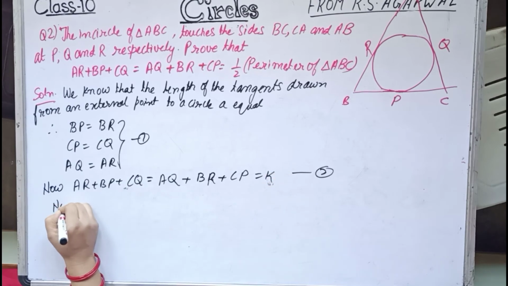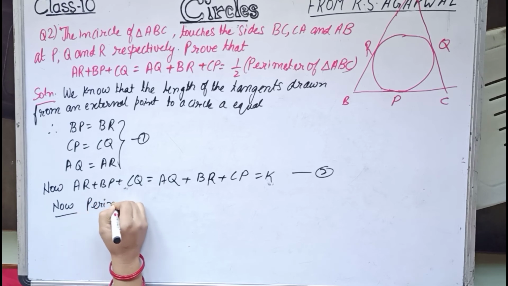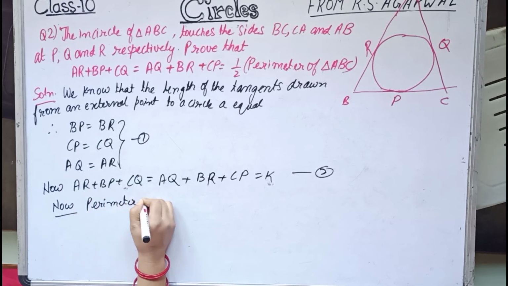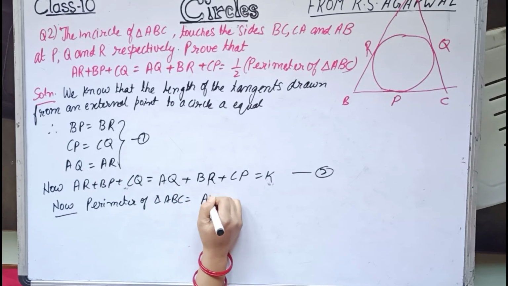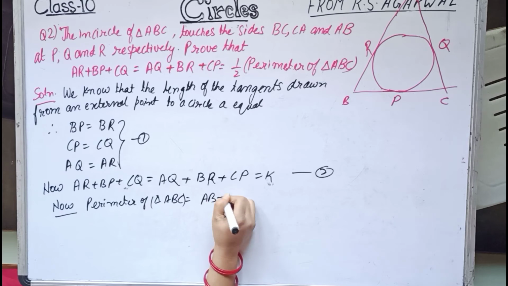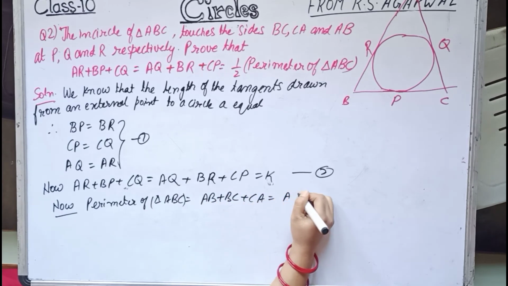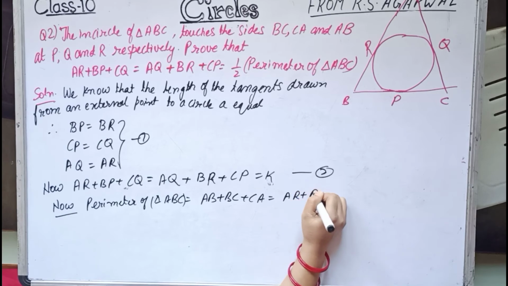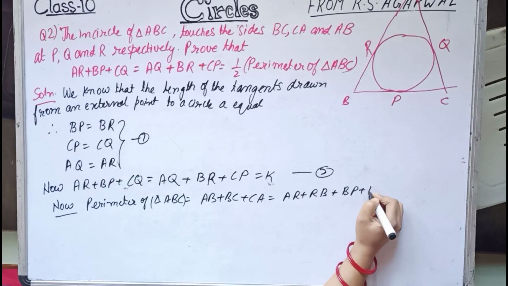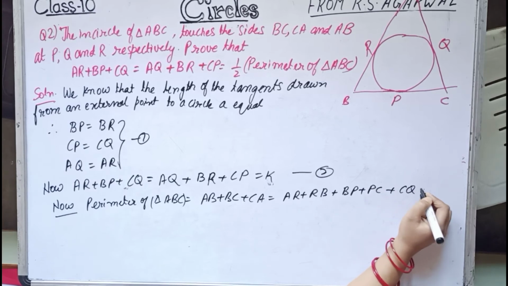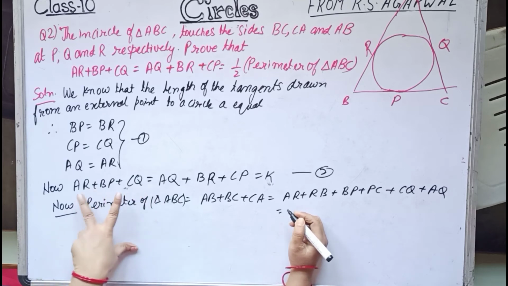Now perimeter of triangle ABC equals AB plus BC plus CA equals AR plus RB plus BP plus PC plus CQ plus AQ. Now we will do the arrangement according to this.